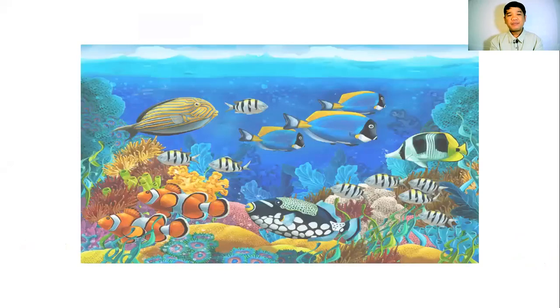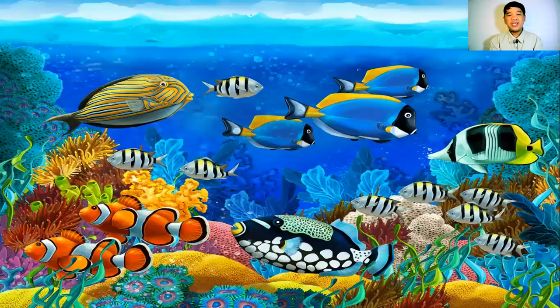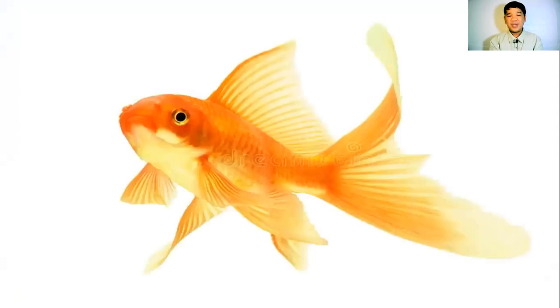Now let's talk about the fish. Okay, so I know you love fish. Maybe some of you have an aquarium in your house. So let's find out what the different parts of the fish are and what the main function of those parts is. Okay, so this is a fish.